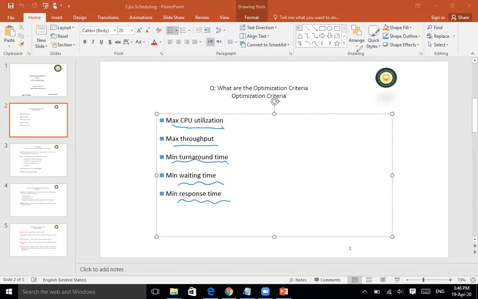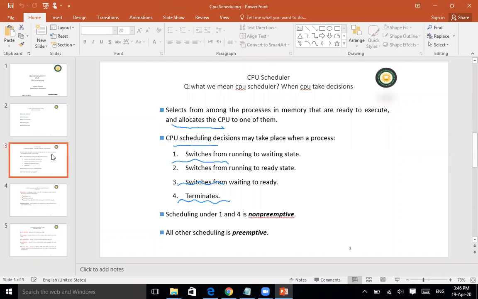So we come to the next part. We have a question that says: what do we mean by CPU scheduler, and when does the CPU take a decision? The first point is what we mean by CPU scheduler.